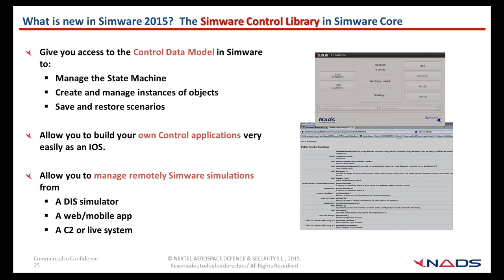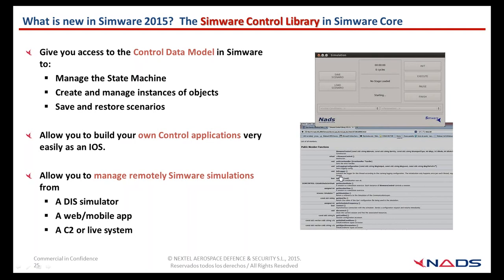And this means that you can very easily incorporate the control of the Simware simulation inside, for example, your own tool or inside your own panels of control. Of course, this can be used in a lot of different applications, DI simulator, web applications, C2, etc.